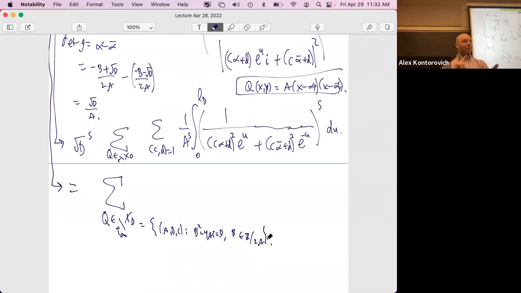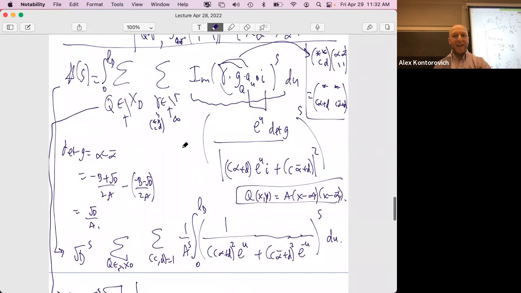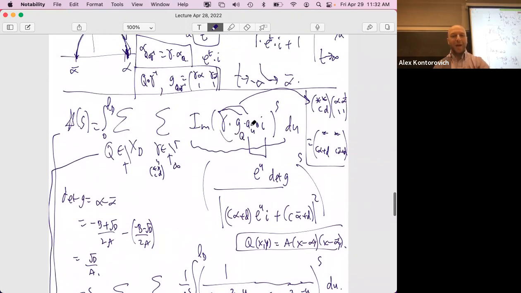Doesn't matter if you use A or C for this equivalence class. And there's a root D to the s, there's a 1 over A to the s, which is why I'm isolating A. And then there's this whole imaginary part, but just with Q, with no CD. In other words, with C equal to 0 and D equal to 1. Exactly as we had before.